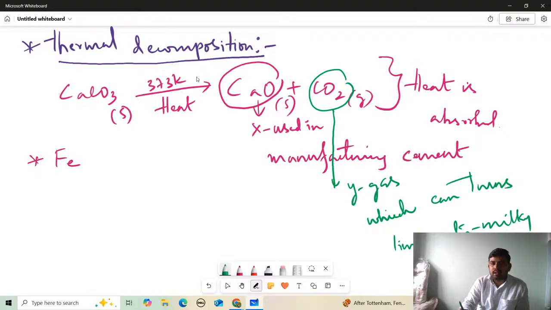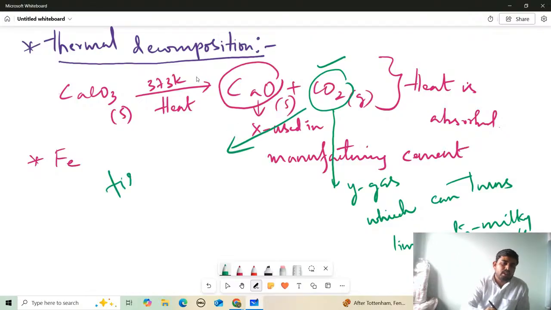Which gas turns lime water milky white? Carbon dioxide. Or they can say it extinguishes fire, or that it is used in a fire extinguisher. Which gas is used?